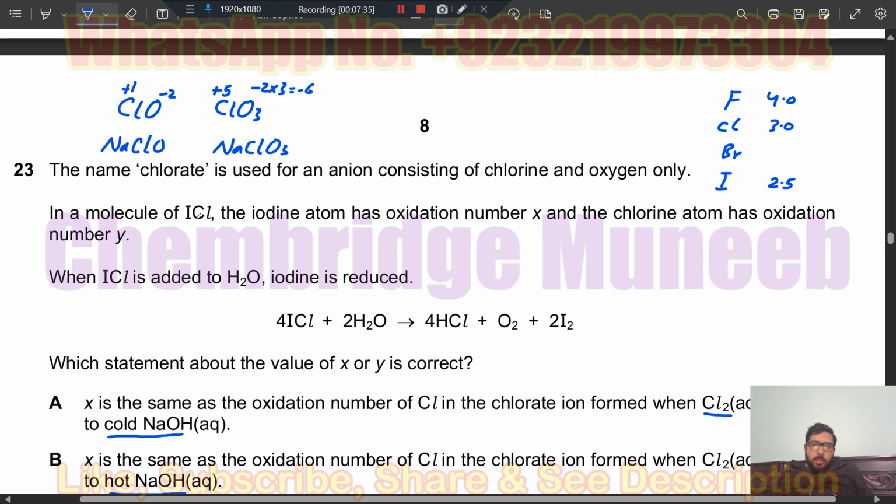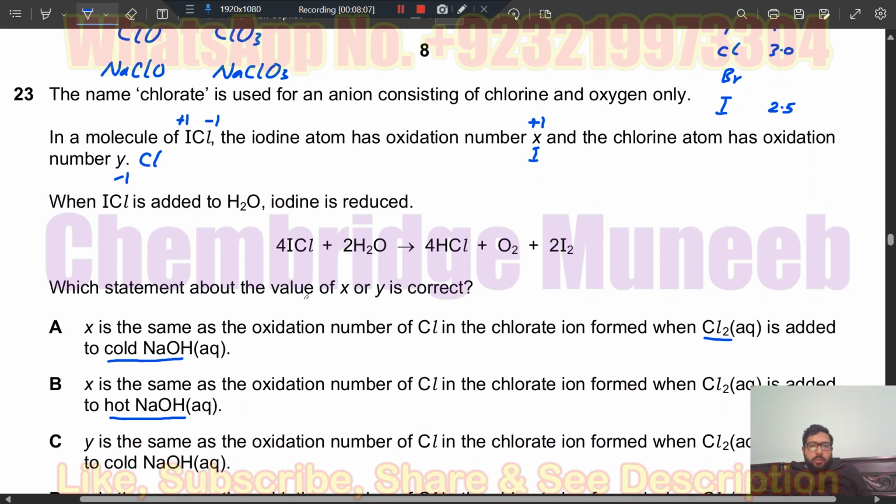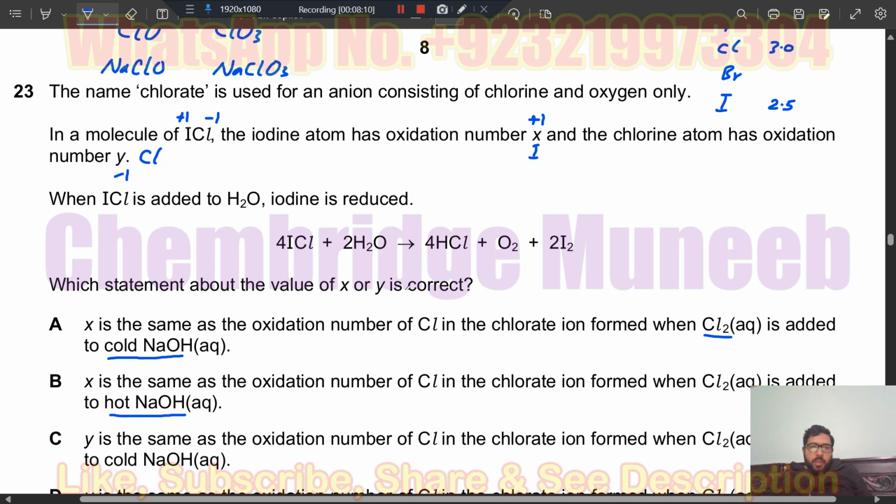Comparing I and Cl, chlorine is more electronegative, which means the oxidation state on chlorine should be -1 and on iodine should be +1. So X represents the oxidation state of iodine, +1, and the Y value indicates the oxidation state of chlorine, so it should be written -1.